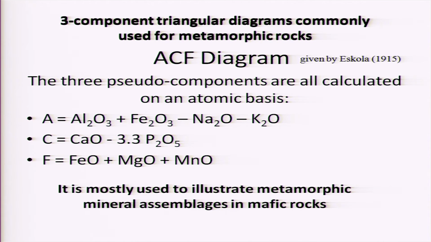For A, which represents Al2O3, we make it equal to Al2O3 and add ferric iron. Why do we add ferric iron? Because the trivalent aluminum and ferric iron substitute each other, and therefore we combine these two, and we subtract 1 mole of Na2O and 1 mole of K2O.